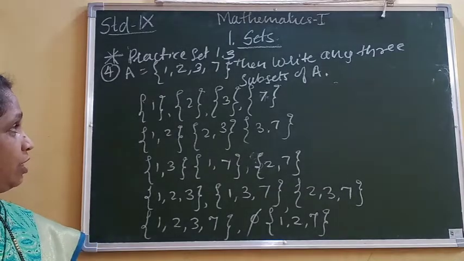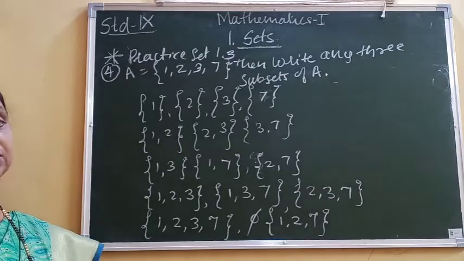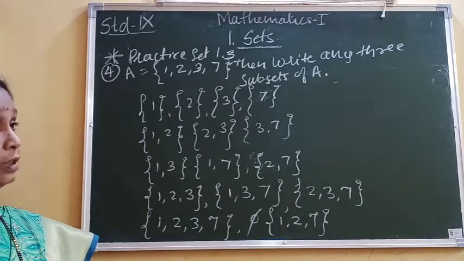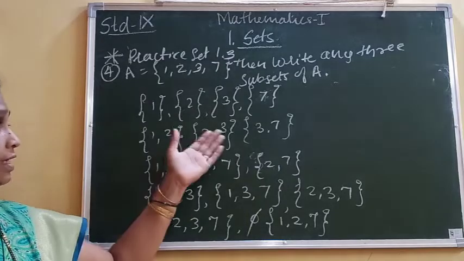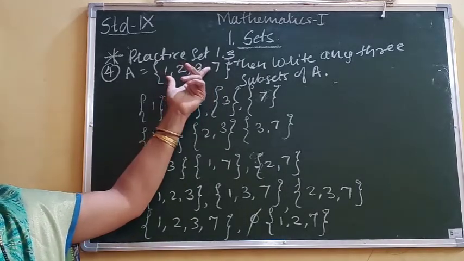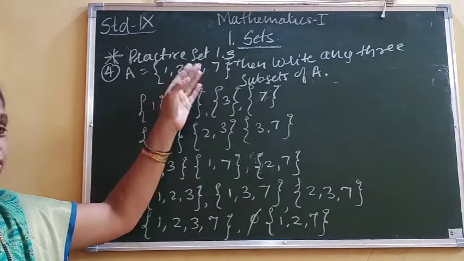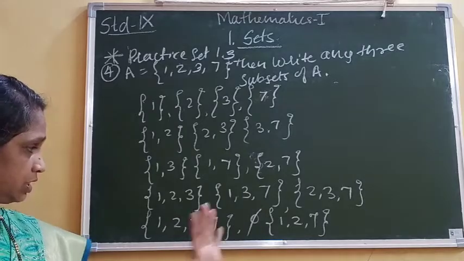So like this you have to write. How can you identify how many sets you can write? You use its power, as I explained earlier. Now there are 4 elements in this set, so its power you have to write, that will be equal to 16.